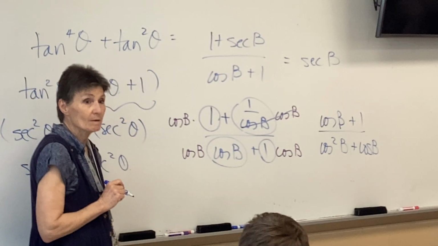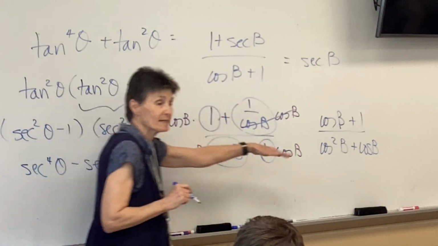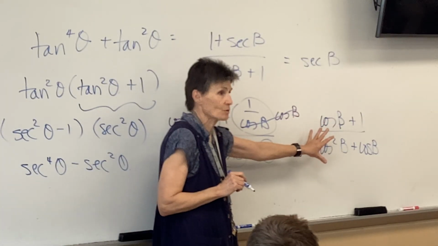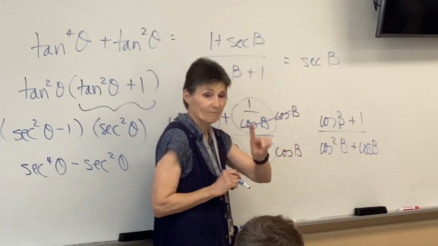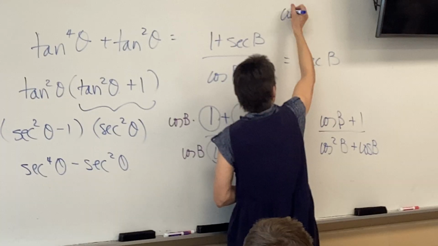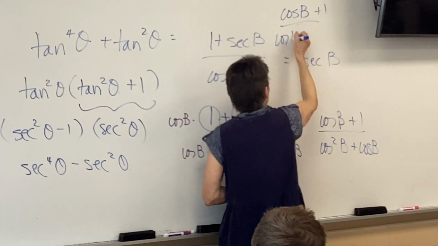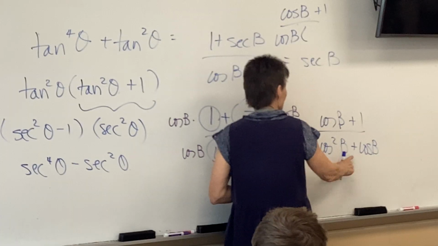You factor out a cosine at the bottom. On the bottom, there's no canceling right now, but we can factor out a cosine. And what will that leave me with if I factor out a cosine?